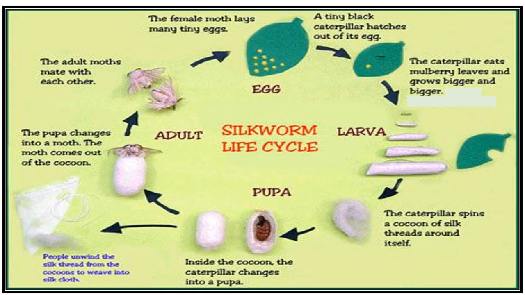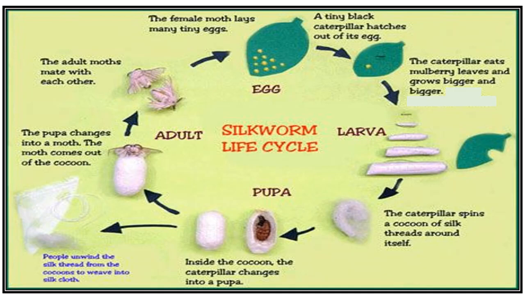After that, the caterpillar spins a cocoon of silk thread around itself. Then we reach a stage called pupa. Inside the cocoon, the caterpillar changes into a pupa. The people who are involved in the sericulture business unwind the silk thread from the cocoon to weave into silk cloth.